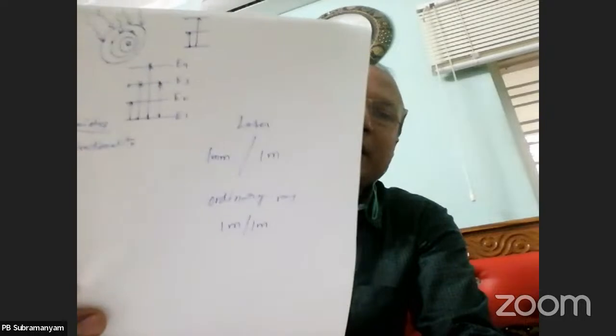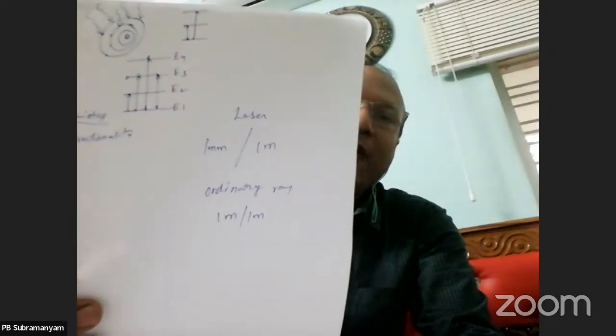Whereas, if you compare how ordinary rays pass against laser rays, the ordinary rays will have a deviation of absolutely 1 meter per 1 meter. That's the difference here.